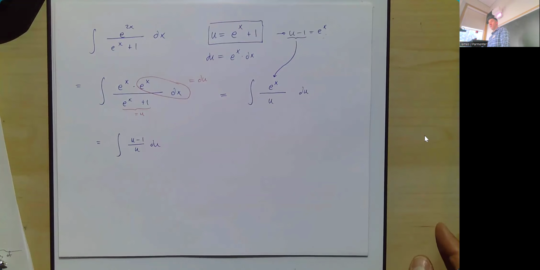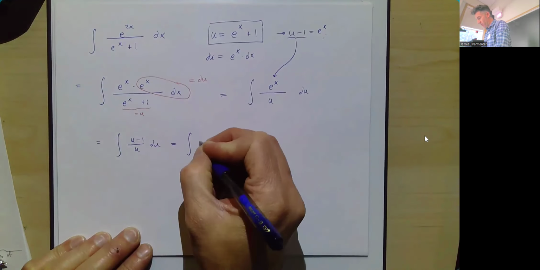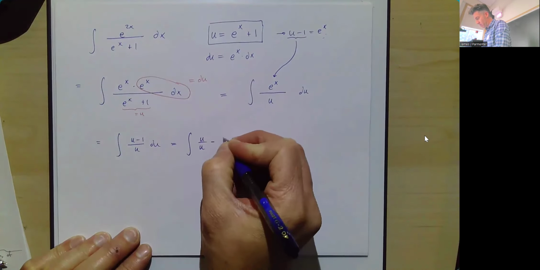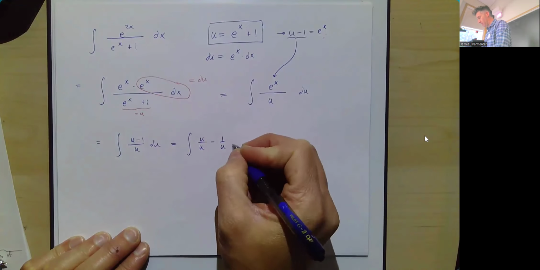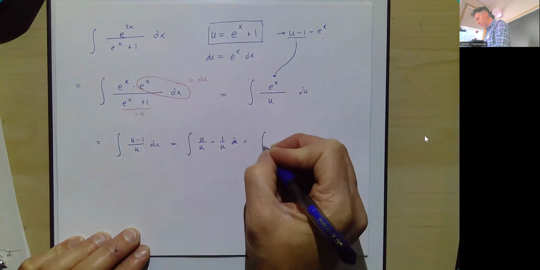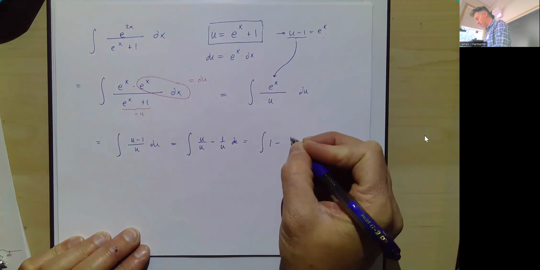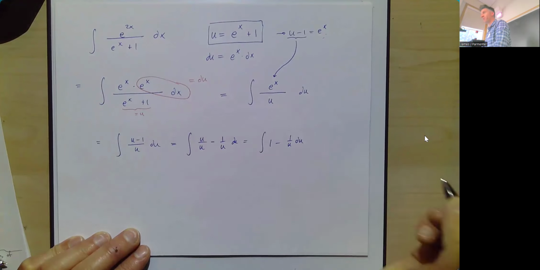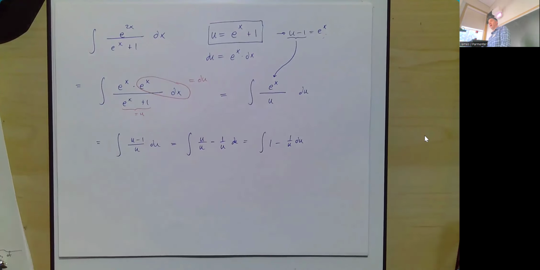And now we've got a rational looking thing with a single denominator. We divide each numerator term by the denominator. So you get the integral of u over u minus 1 over u du, which is really the integral of 1 minus 1 over u du. And now we're finally at a place where we can find the antiderivative.